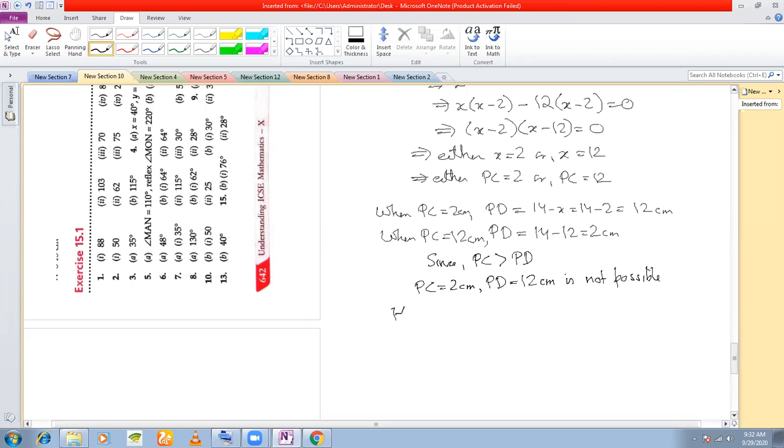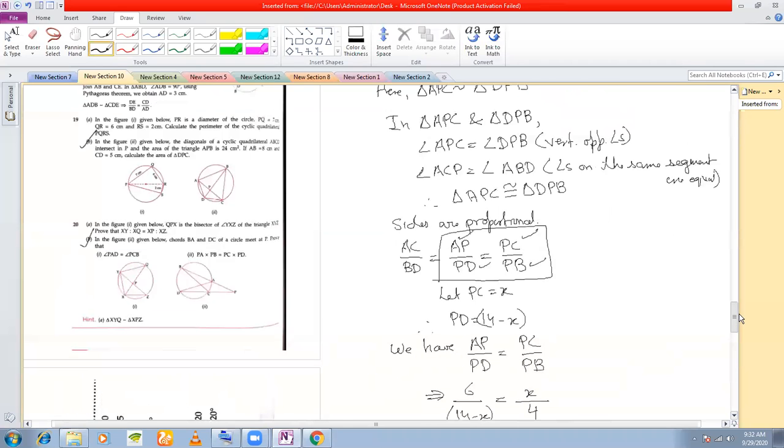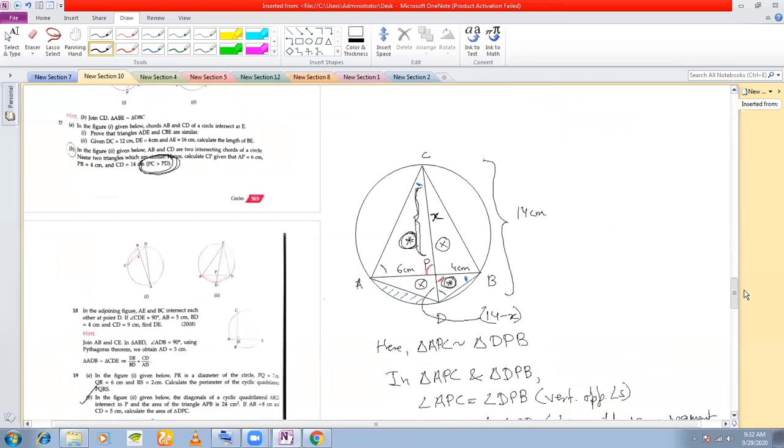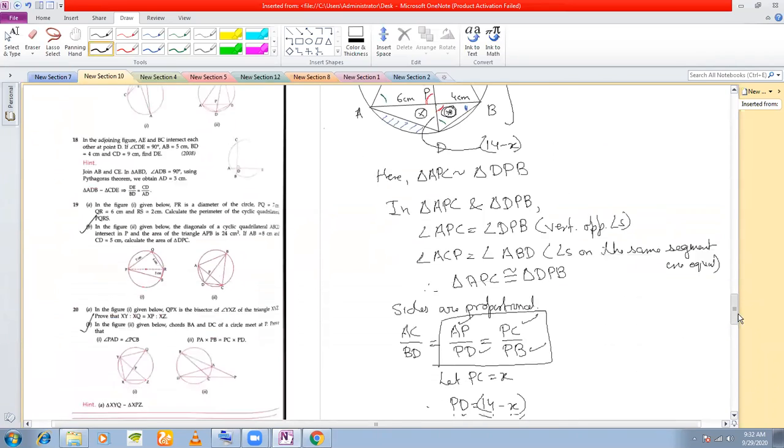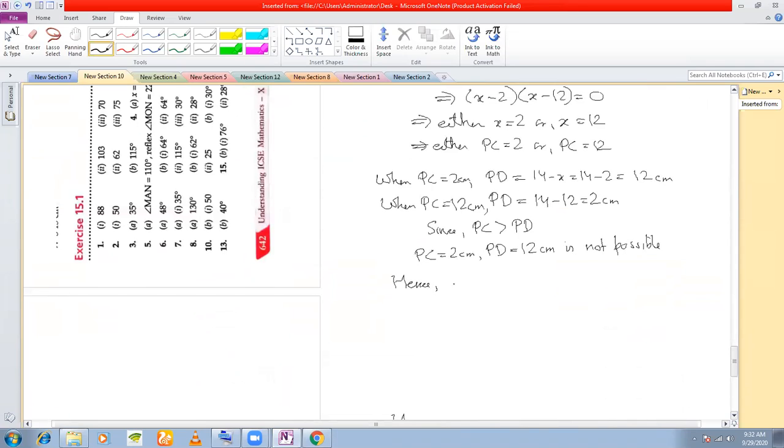Hence, what is the required length here? The required length is CP or PC. Hence, what is the acceptable value of PC or CP? CP must be equal to 12 centimeters. So this is your answer. So I stop here for today.